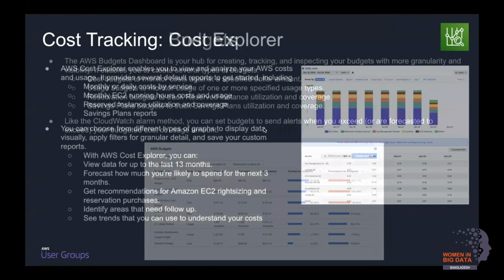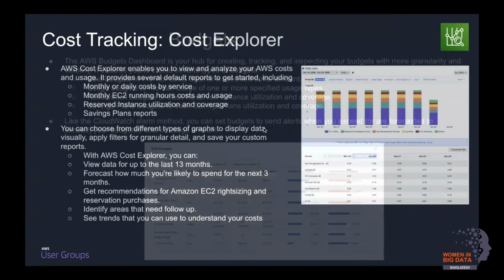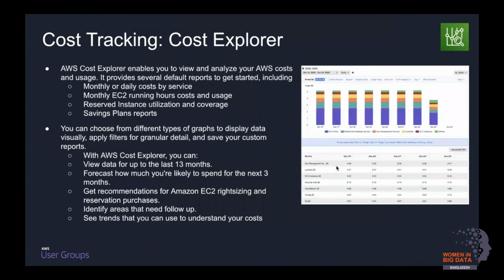Cost Explorer, as the name suggests, is for exploration. It can help you to analyze the cost for the last 13 months, region wise, services wise. If you have multiple accounts, account wise, you can analyze the cost and get better visibility of how and where you are consuming. Here you can see a screenshot of different trends that help you understand how exactly my cost is looking.